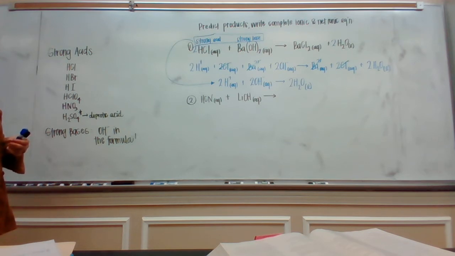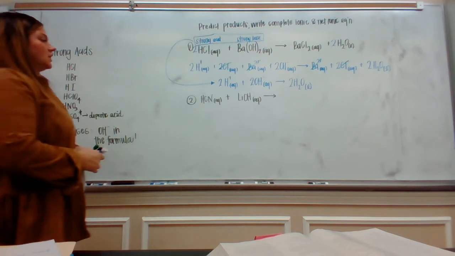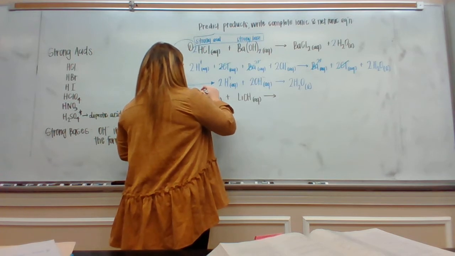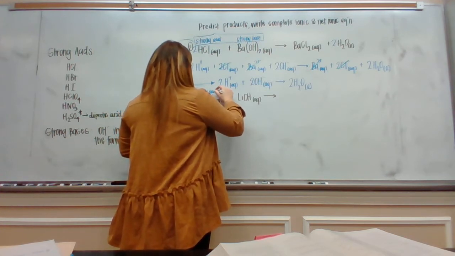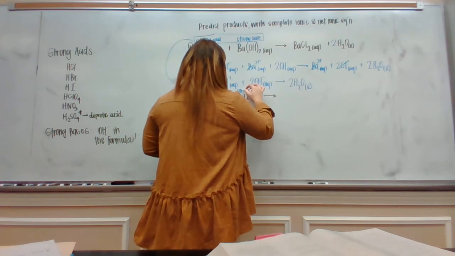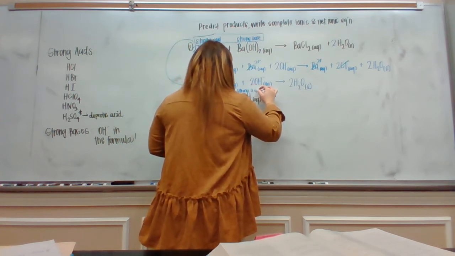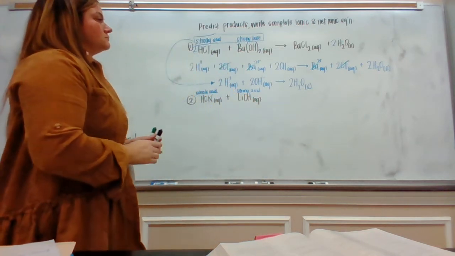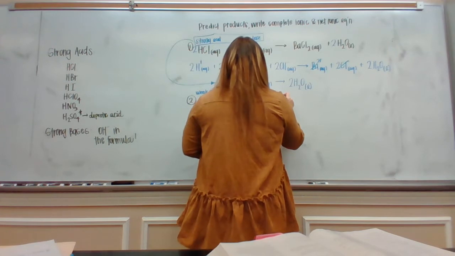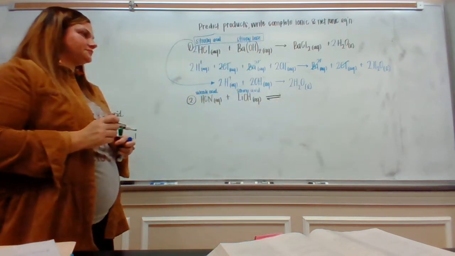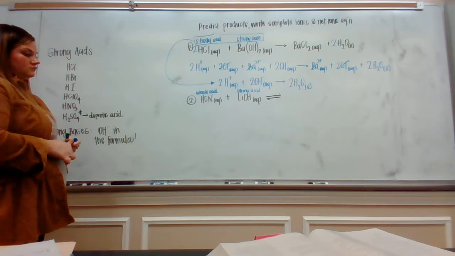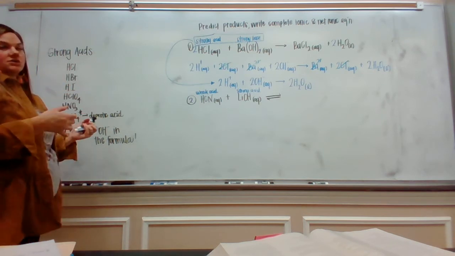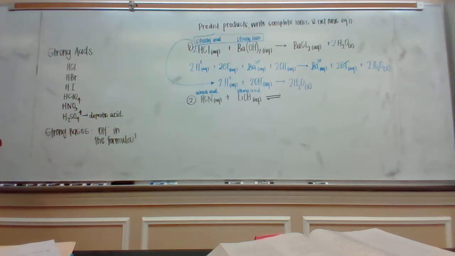Okay, number 2, hydrocyanic acid is not on my strong acid list, so this is a weak acid. What does that mean for me? First off, means I need to use the other arrow. When I go to form my products, I form my products just the same as with a strong acid.